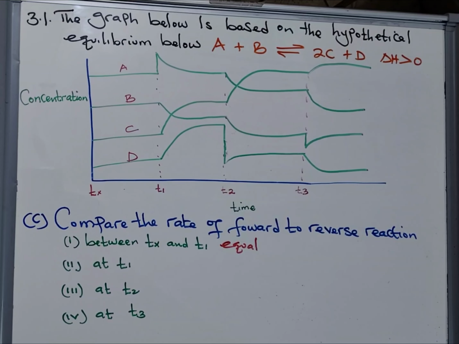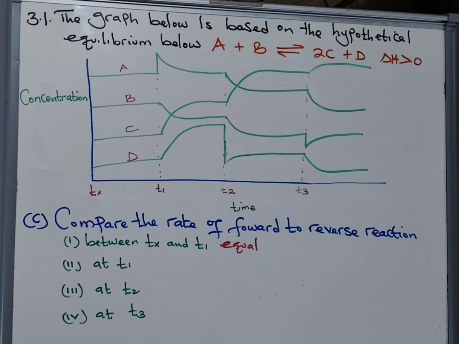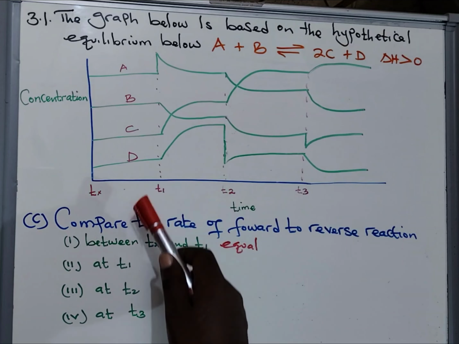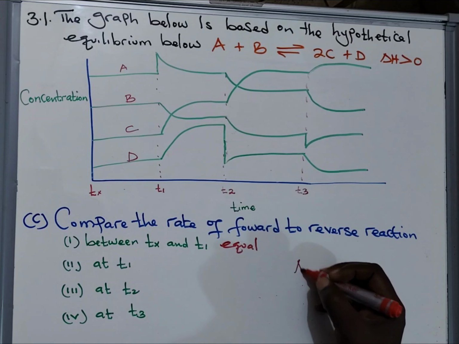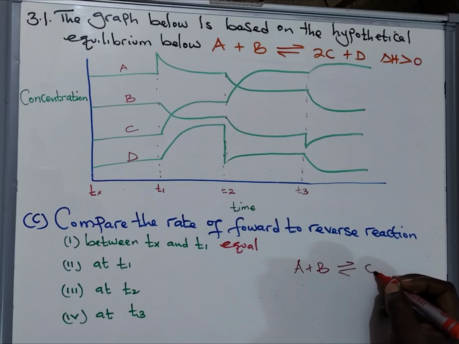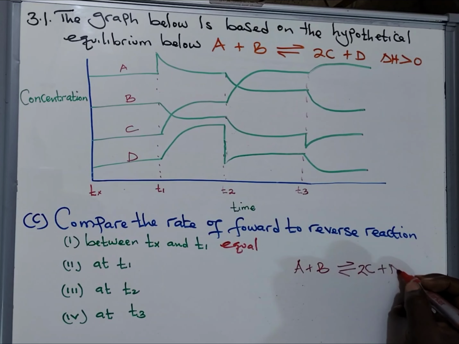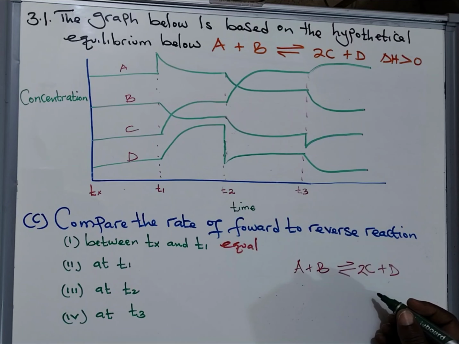Yeah. Then we come to this one, saying compare the rate of forward to reverse reaction at T1. T1 is that. So to predict this, what do we need? We need an equation, which is A plus B giving you C plus D. And what is happening at T1?